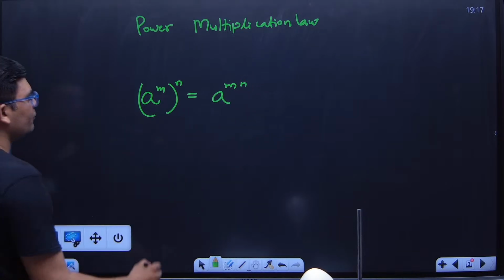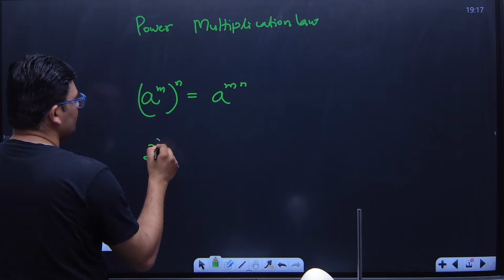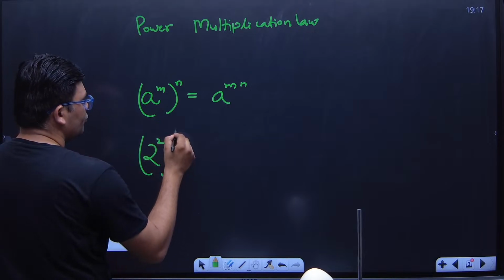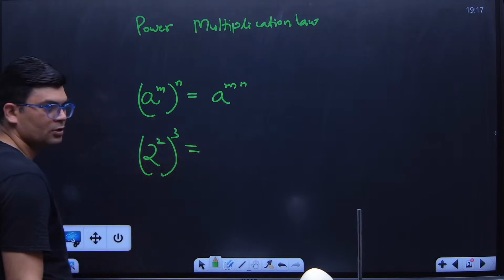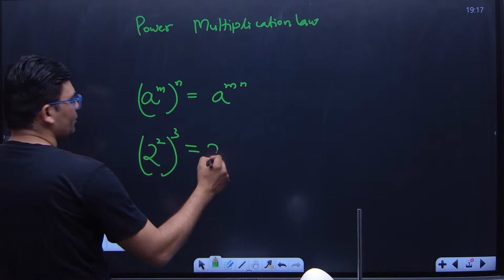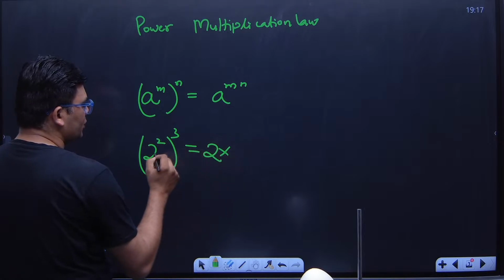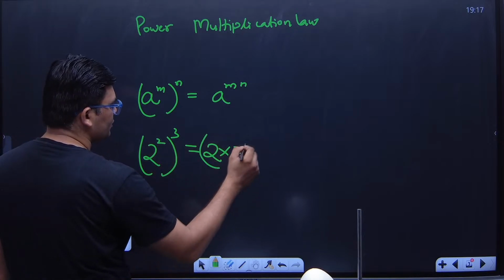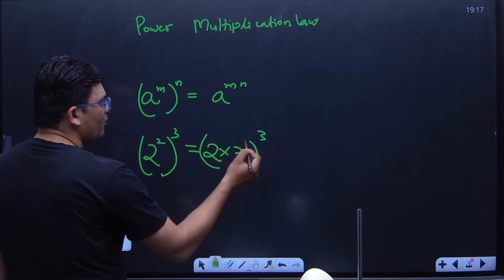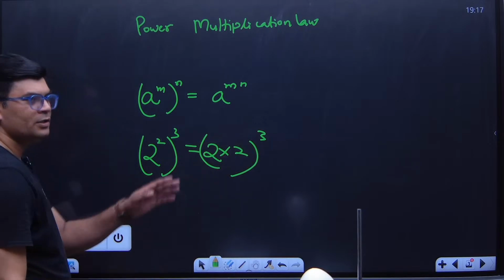So how is this helpful? Somebody will ask you what is 2 raised to the power 2 raised to the power 3. So you will say it is going to be 2 raised to the power, so this means 2 is being multiplied how many times? 2 times. And how many times will this be multiplied? 3 times.